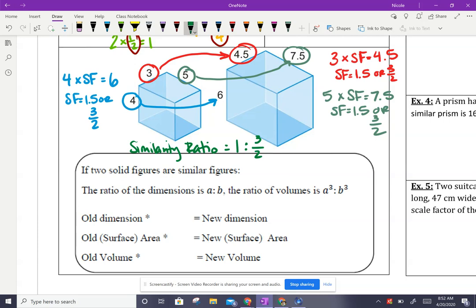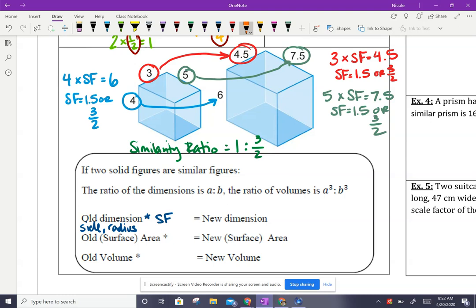So if we look at this little table here towards the bottom, when we're doing scale factor for just one side, we take the old dimension, which is like a side or radius, and we multiply it by scale factor and get the new dimension. That's what that little star means, is multiply.